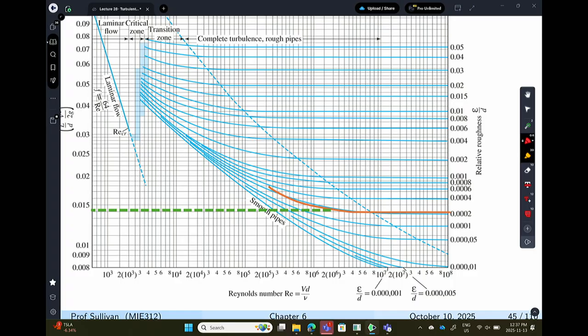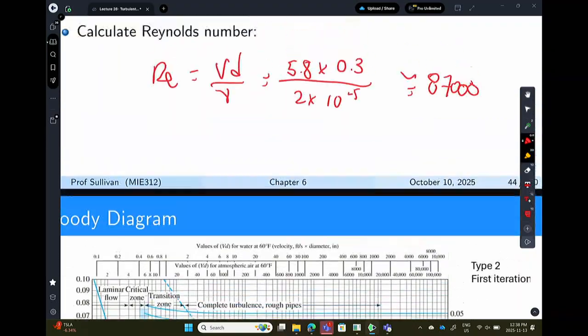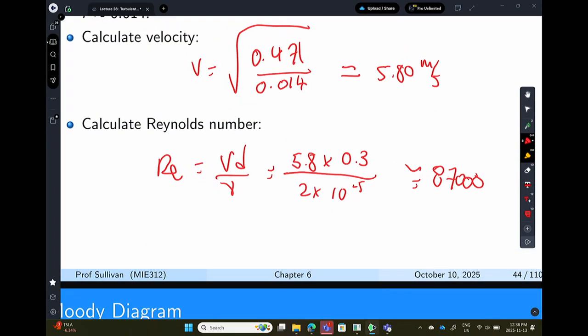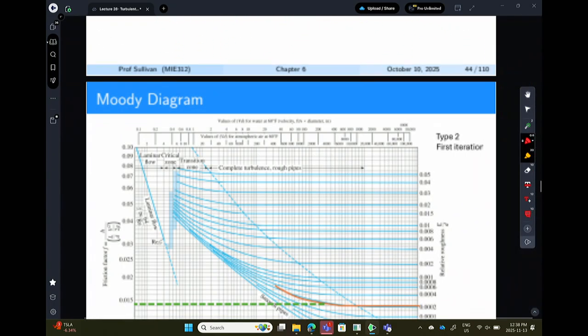Let me just make sure I'm in the right range. 10 million to 100 million. So it's a very large guess. And clearly I'm wrong, because my Reynolds number based on this is 87,000, which means I need to reiterate on this.